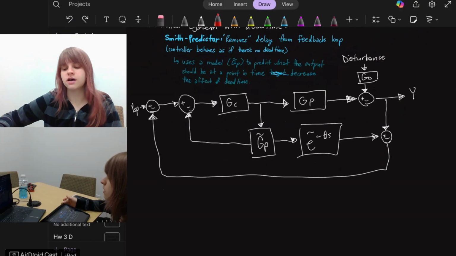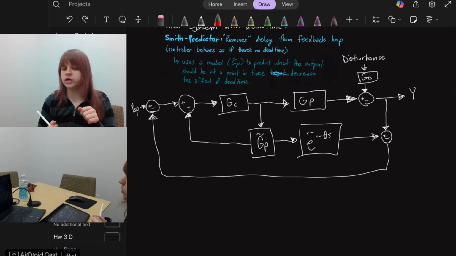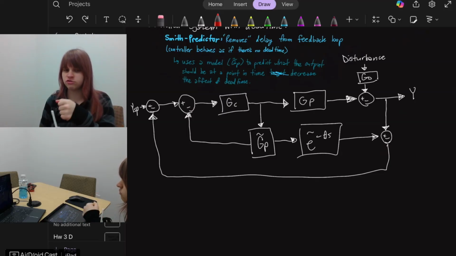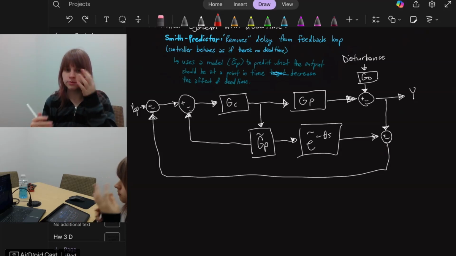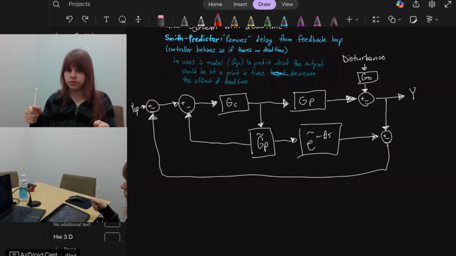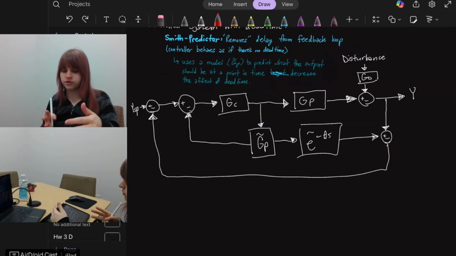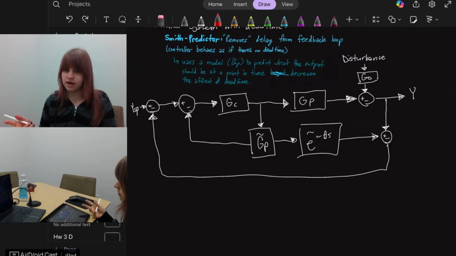So you can kind of think of it like this. If you're driving your car and you're steering the wheel, let's say there's a pothole in front of you and you're trying to swerve to the right to get away from it. Obviously you want the dead time to be very short. But if for some reason your system had high dead time and you turn your wheel and your tires don't turn quick enough, then you're going to hit that pothole.